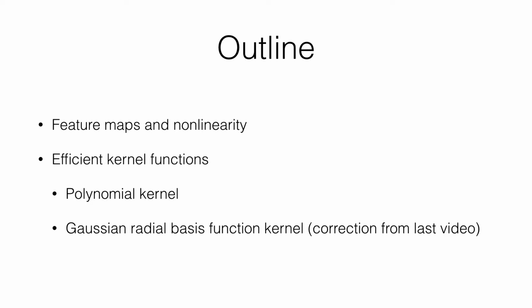In particular, we'll talk about the polynomial kernel, and we'll talk about the Gaussian radial basis function kernel, or the RBF kernel. And then in that discussion, I'll correct a mistake I made in the last video where I described the feature space that the Gaussian RBF kernel maps to, and what I described was incorrect, and I'll show you exactly why it's incorrect and what the correct mapping is.